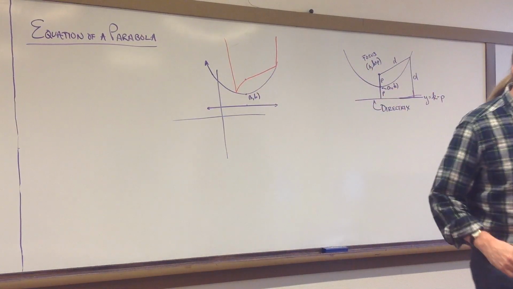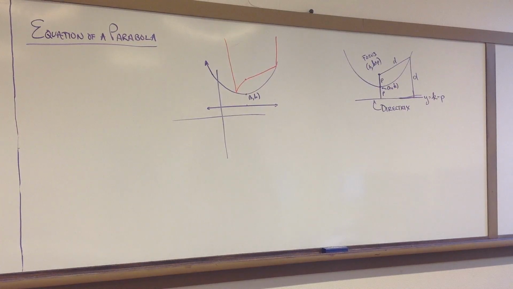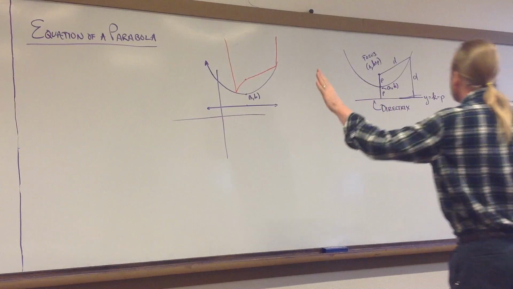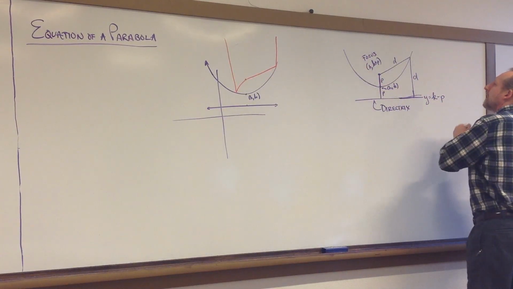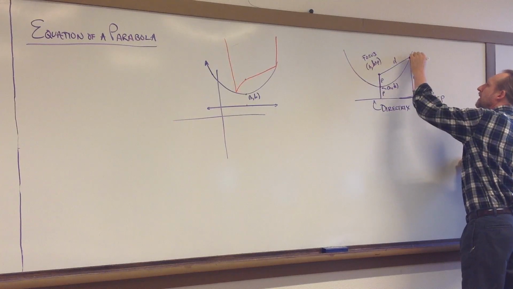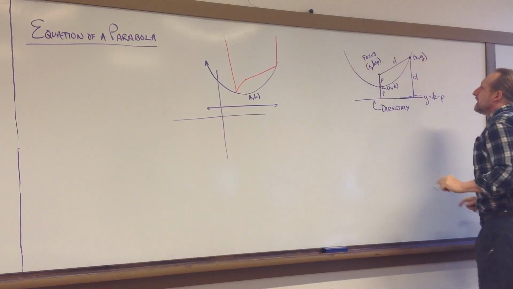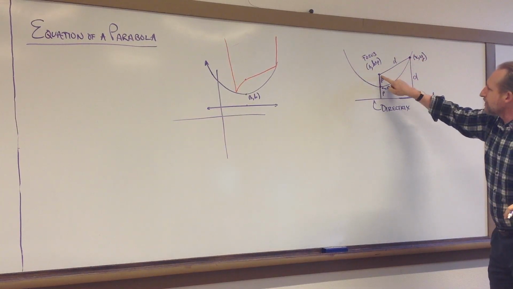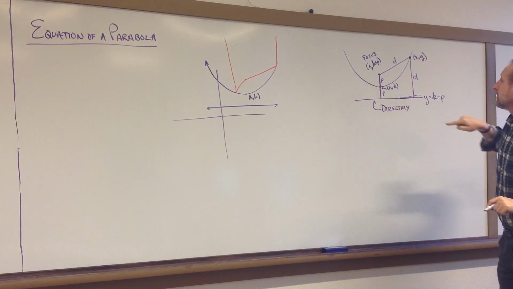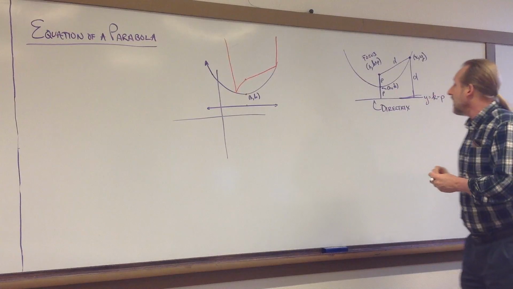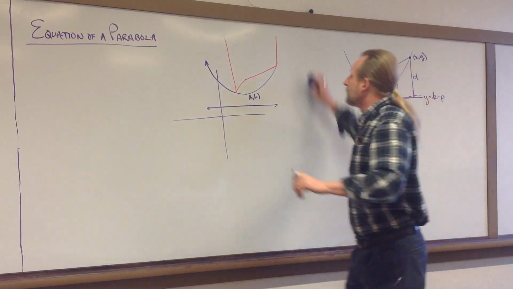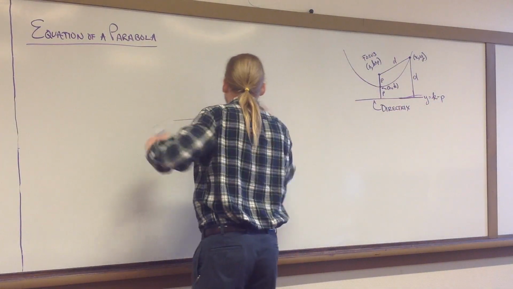Let's see. So remember the definition of the points on the parabola, and we'll call these x, y, is that they are equidistant from this point and this line. All right? So we're going to use the distance formula, and that's going to allow us to generate the general equation for a parabola.